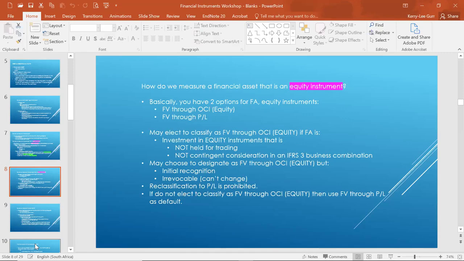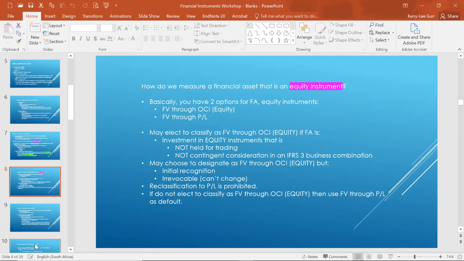You will touch a little bit on business combinations with Vanessa as you start working through groups in about 2 or 3 weeks' time. But really, we are looking at the sale of those shares. That's really going to be vital for us at a second year level when we are trying to assess should fair value through OCI equity be used as a classification model.